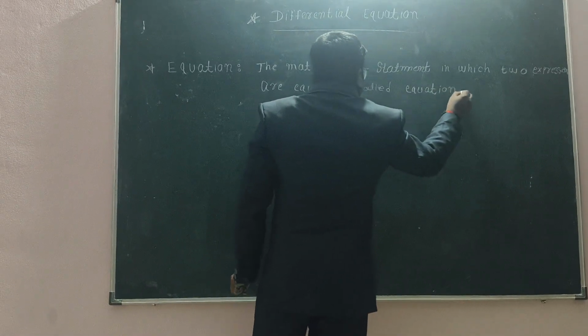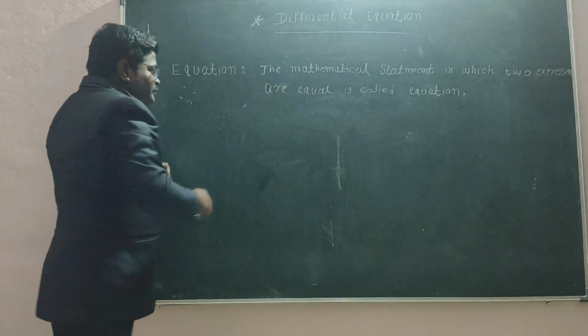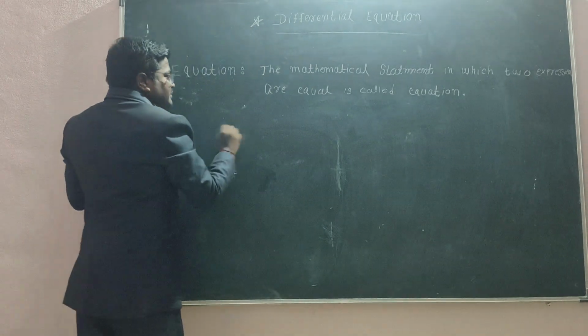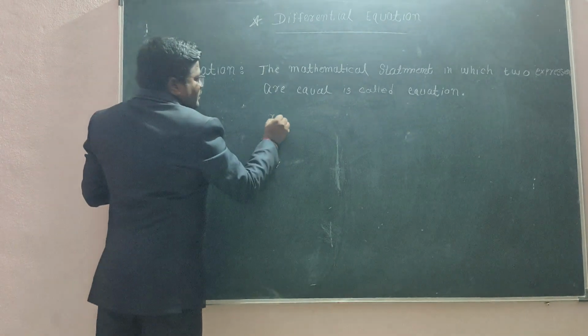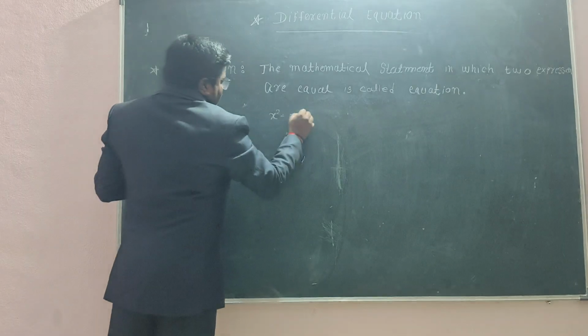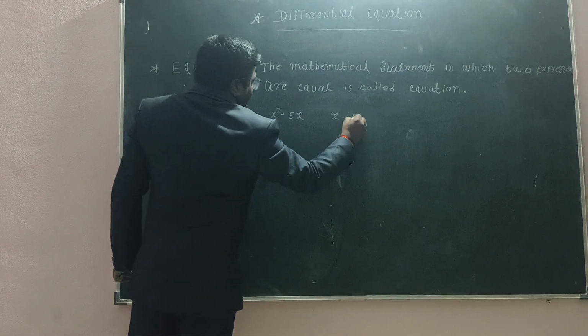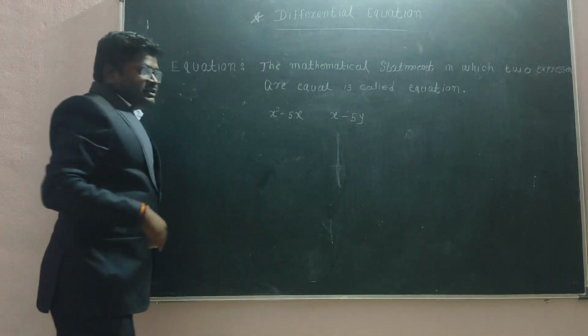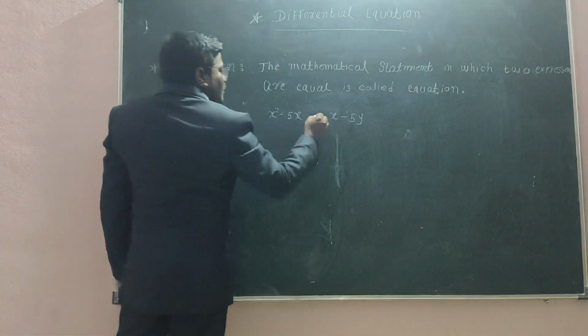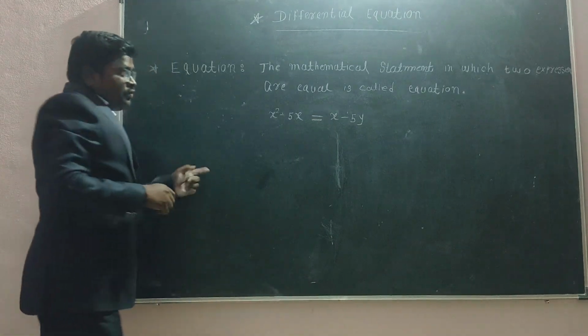Now let us consider an example. Let us consider two expressions. The first one is x square minus 5x, and the second expression is x minus 5y. If you put an equal sign between these expressions, then these are equations.